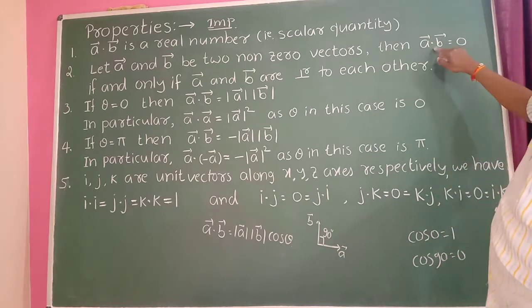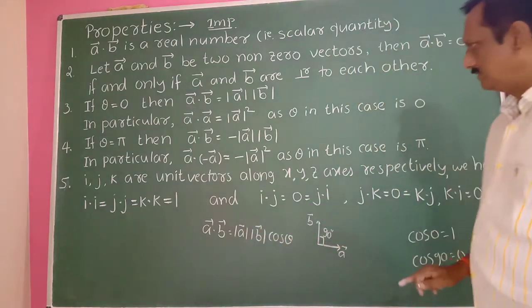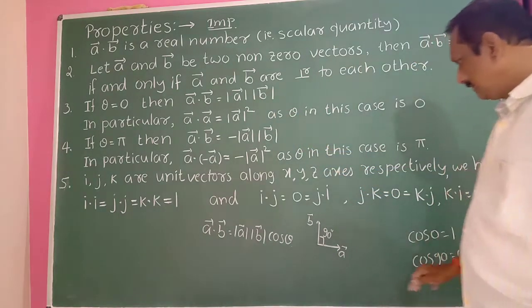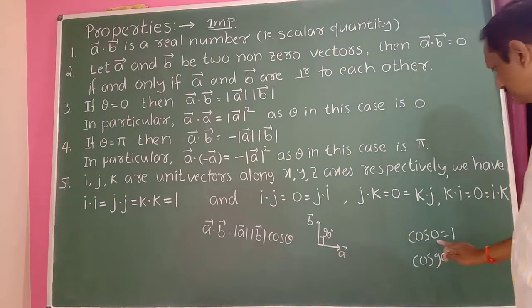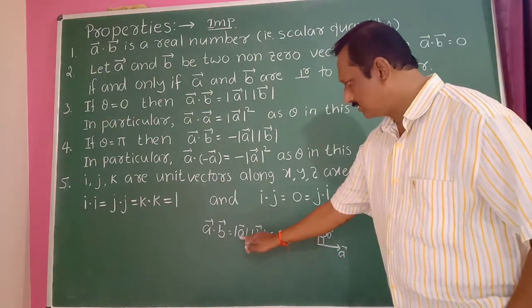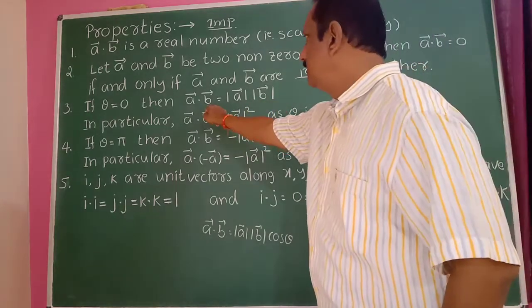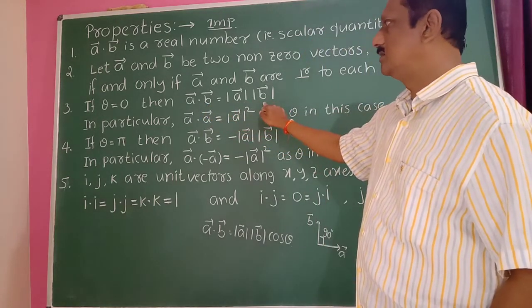Therefore, if they are perpendicular, cos 90 becomes 0 and the complete term becomes 0. If theta is 0, then you know cos 0 value is 1. Therefore, this becomes 1. So, a bar dot b bar is equal to modulus of a bar into modulus of b bar.